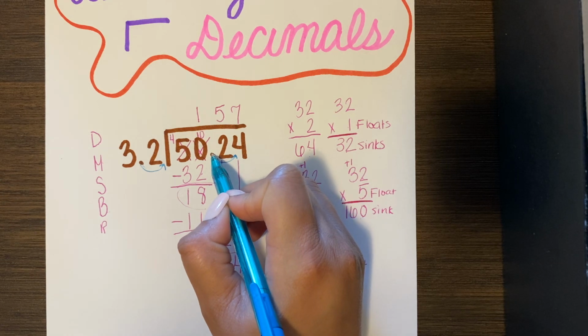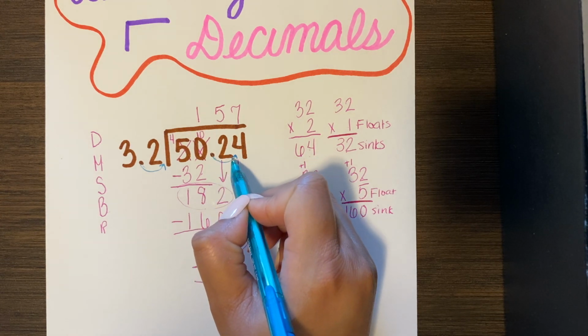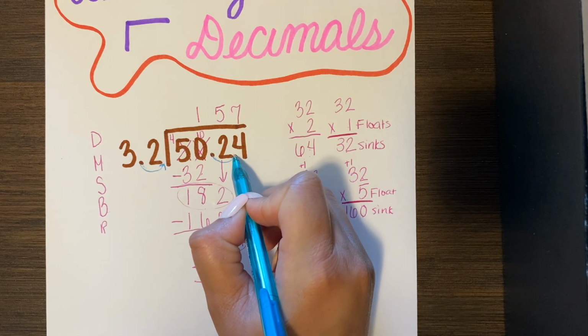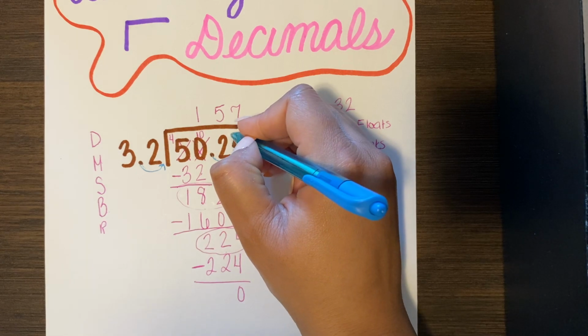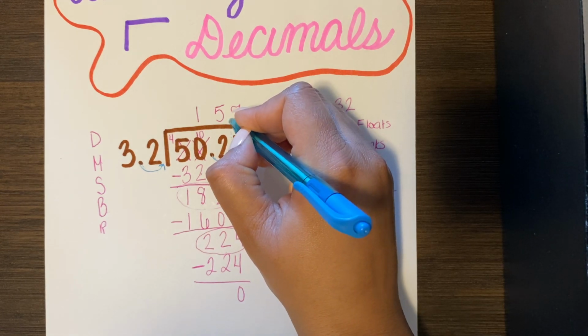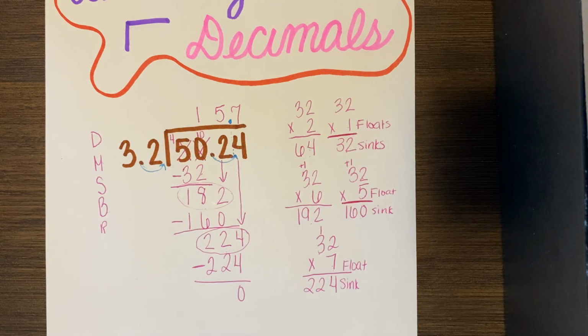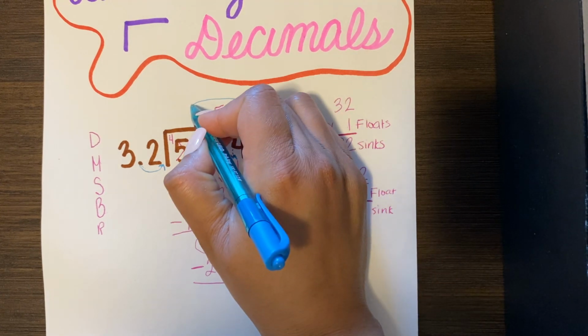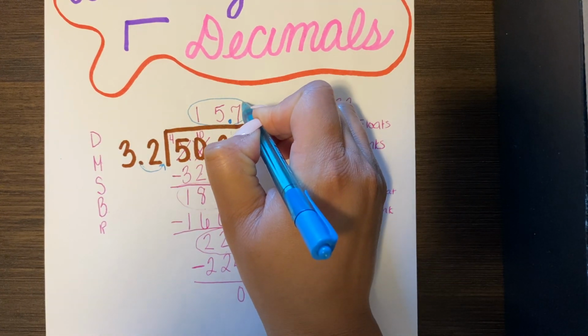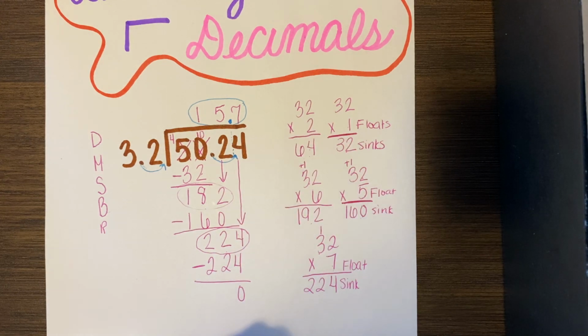I'm going to take this decimal and slide it one space to the right. My new decimal is right here, and I'm just going to raise it to the top. Okay, and that means that our quotient, which is our answer, is going to be 15 7/10.